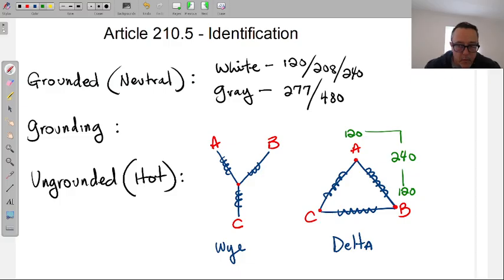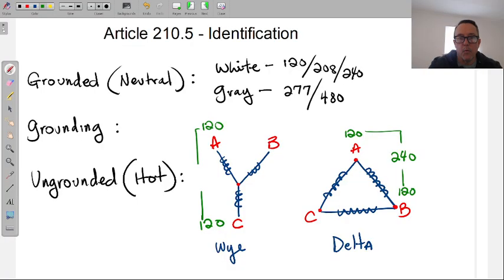In a Y transformer, there's a different thing that happens when you wire it up in parallel, which is it doesn't add up anymore. So if I have 120 on A phase and 120 on any of the other phases, it doesn't add up anymore.